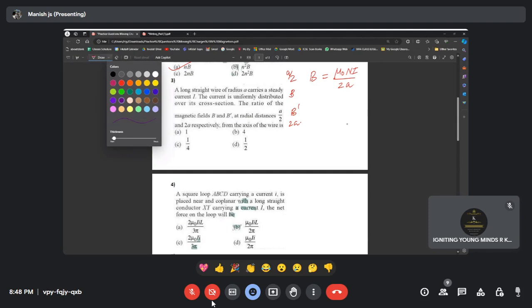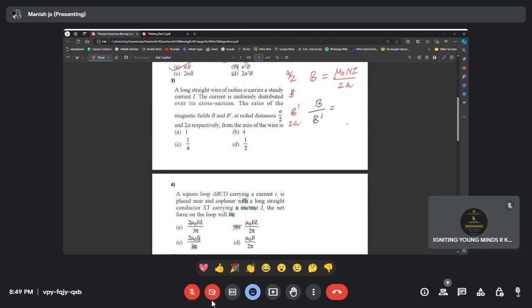So substitute the values. Here you find out the ratio of B upon B dash. So what is there for B? You again substitute. For B directly I am substituting. So you will get mu naught N into I upon 2 times A. The first one they have told A by 2, so that goes up and it is going to get reciprocal, so appropriately that gets cancelled off.